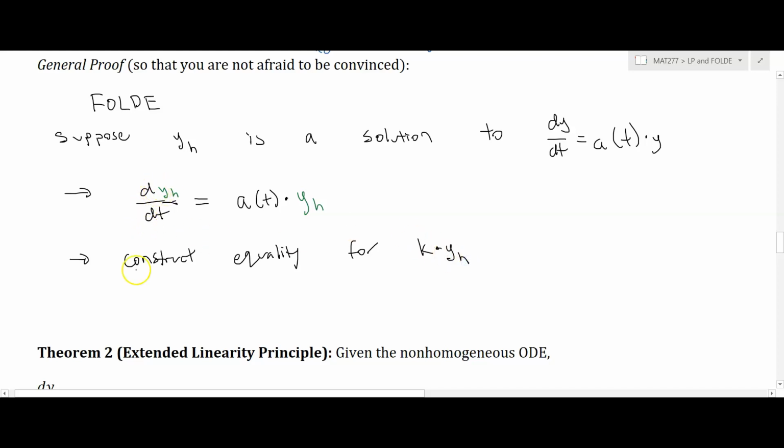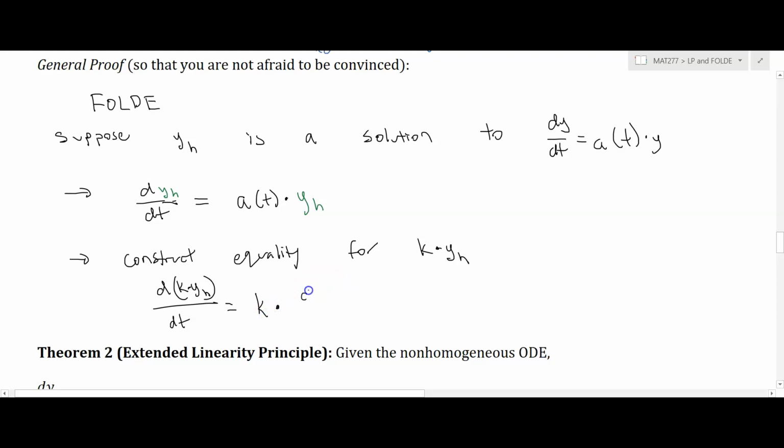So if all I were to do here is take the derivative of k y sub h with respect to t, right? Now this is literally another way you could write dy dt: it's the derivative of this function with respect to t. So if I have the derivative of a constant multiple of something, that means I can factor it out.